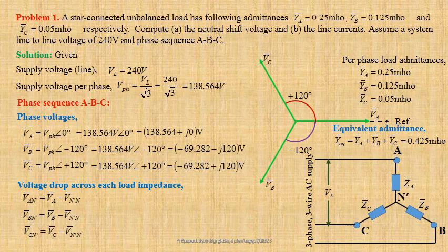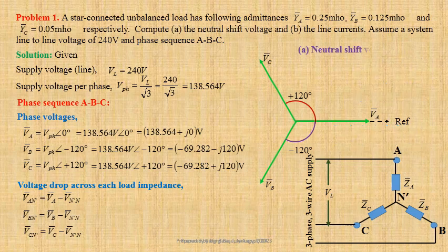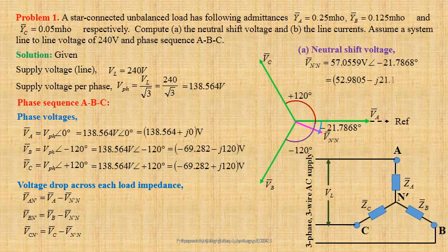We have determined neutral shift voltage Vn'n equals 57.0559 volt at an angle minus 21.7868 degree. This may be written in Cartesian form as 52.9805 minus j times 21.1765 volt.